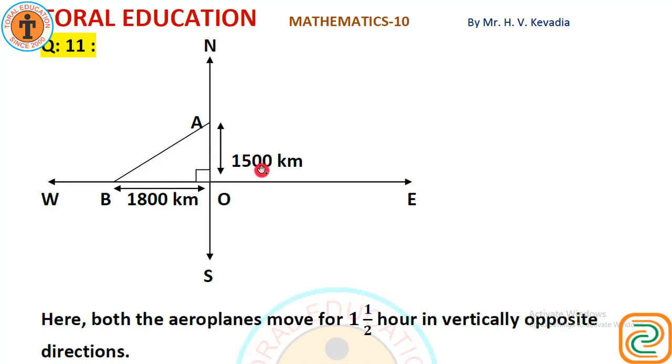First of all we have to find the distance covered in 1.5 hours. This aeroplane goes at a speed of 1000 km per hour, so it will go 1500 km in 1.5 hours. And this one is at the speed of 1200 km per hour, so in 1.5 hours it will travel 1800 km, right?